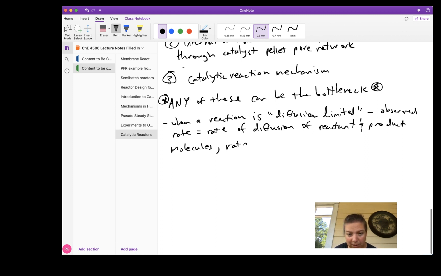So the rate of reaction, for example, minus r_A that we're used to, is equal to the rate of diffusion.